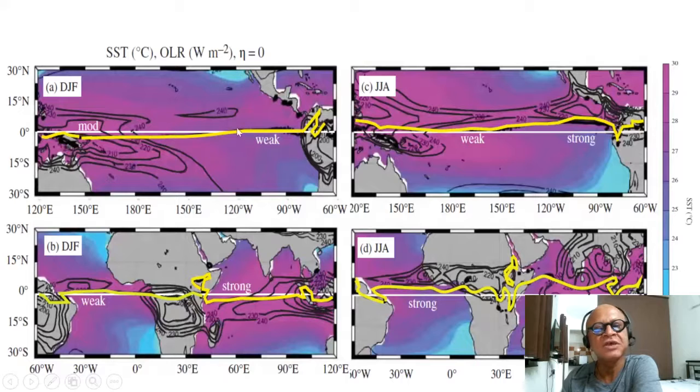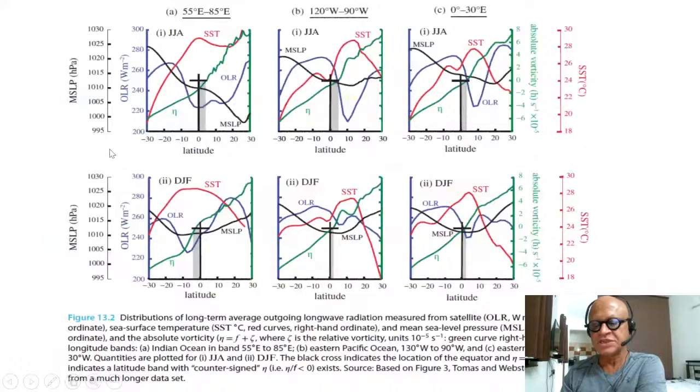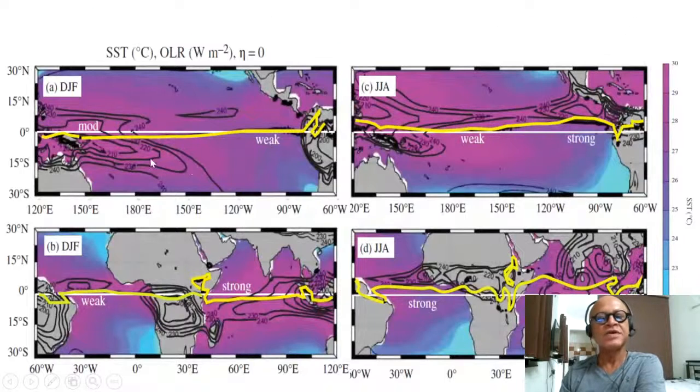You also see the equator in a white band, but this yellow line here is the zero absolute vorticity line. If you remember, the absolute vorticity is relative vorticity plus planetary vorticity, zeta plus f, and the zero vorticity line crosses the equator here in DJF and is completely north of the equator, corresponding to the ITCZ, and convection tends to happen to the north of the zero absolute vorticity line, even though that's not always the case.